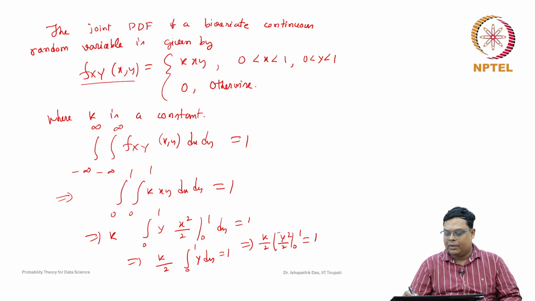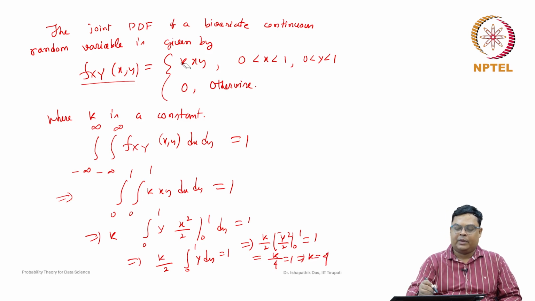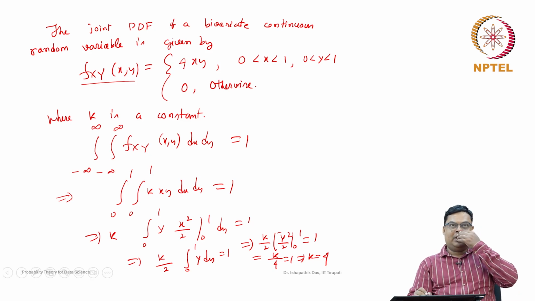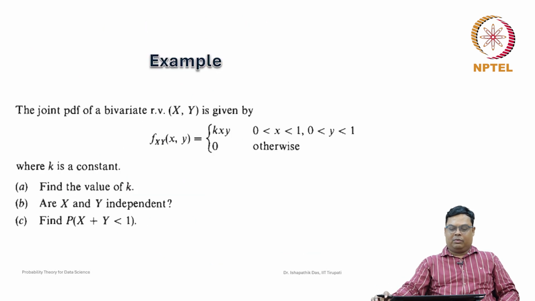Now, the integral of y is y squared by 2 from 0 to 1, giving 1 by 2 minus 0. So, this is nothing but k by 4 equal to 1, which implies k is equal to 4. So, this value k should be 4 so that it will be a probability density function.